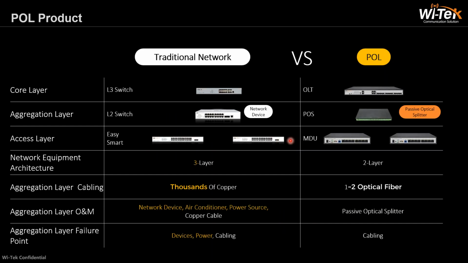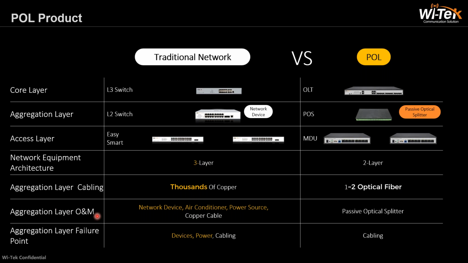Okay, and we also have another comparison between the traditional network and the POL, right? The network equipment architecture has three layers: core layer, aggregation layer, and access layer. But for the POL, only two layers, because in here there are only passive optical splitters. And for the aggregation layer, the cabling system has thousands of copper cables, but for the POL, only optical fibers.